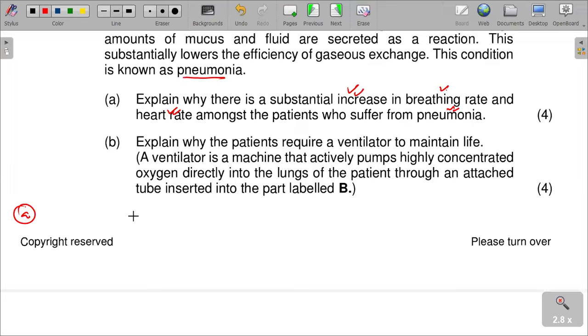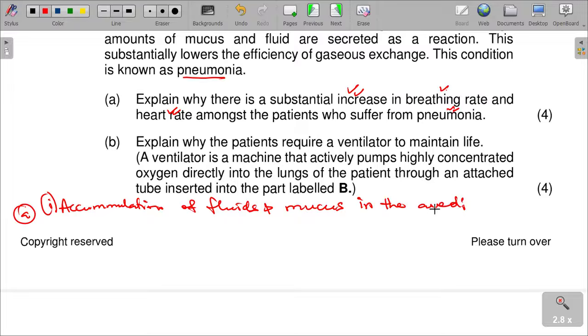One, the accumulation of fluids and mucus in the alveoli drastically reduces the rate of gaseous exchange.